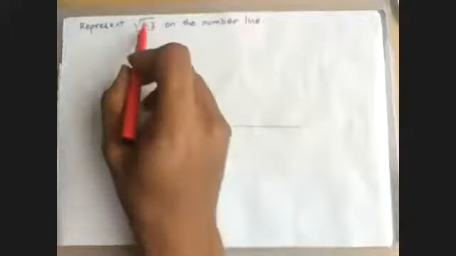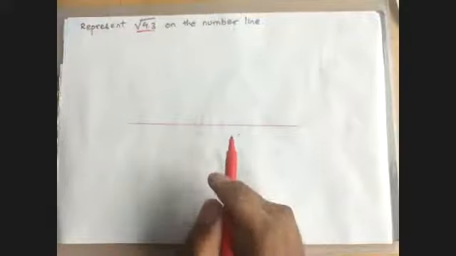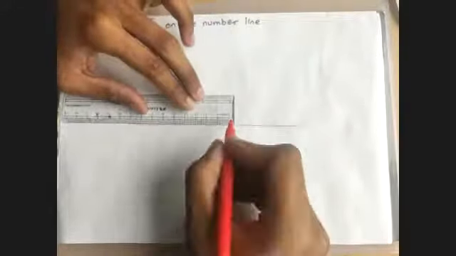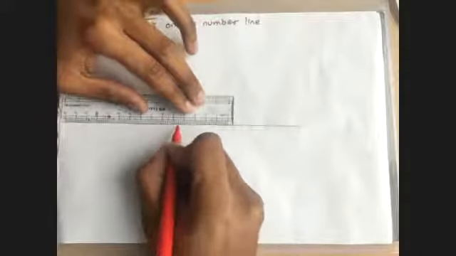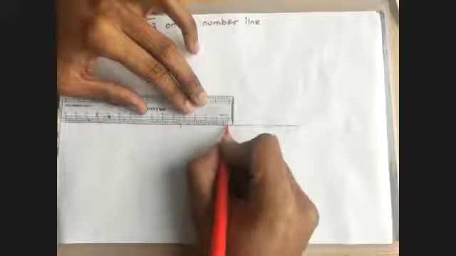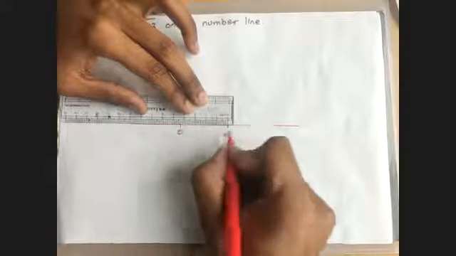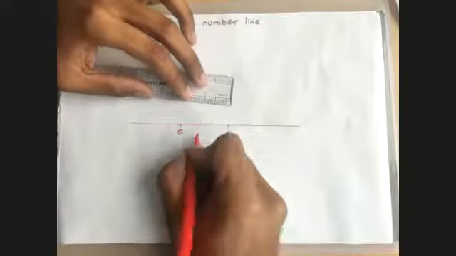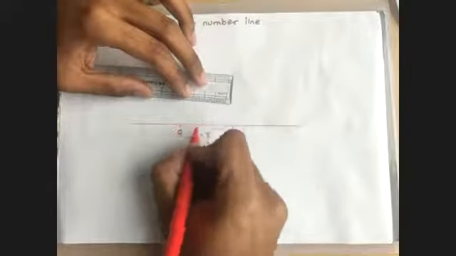To represent root 4.3, draw a line with magnitude 4.3. Mark 4.3 on the number line. I'll mark O and A. So the distance here is 4.3.